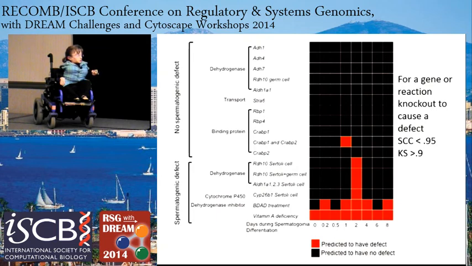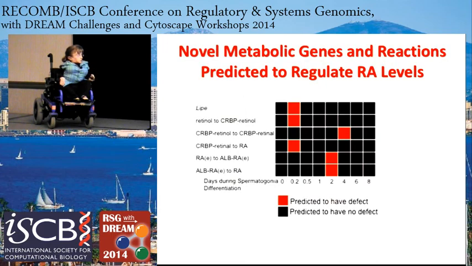We were able to accurately repredict all but one of these, and that's the CRABP double knockout. We're looking at maybe investigating if it's just a very subtle phenotype that's just not being picked up experimentally. We next proceeded to knock out the remaining genes and reactions in our network.